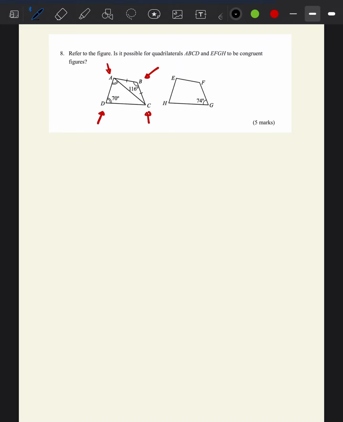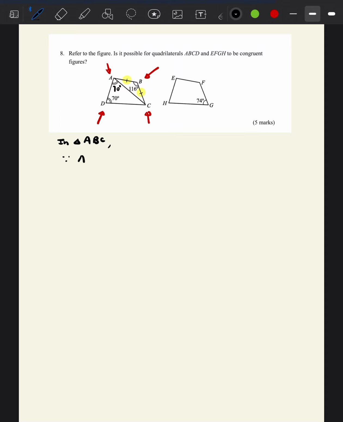So by looking at the information, you know that we have 70 degrees on here as well. And then we have these 2 sides are equal. So when 2 sides are equal, then you know that the base angles are equal as well. So let's look at triangle ABC first.